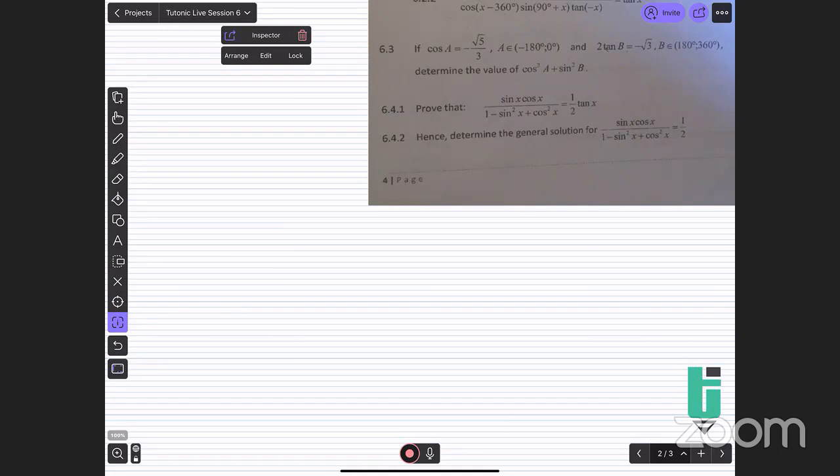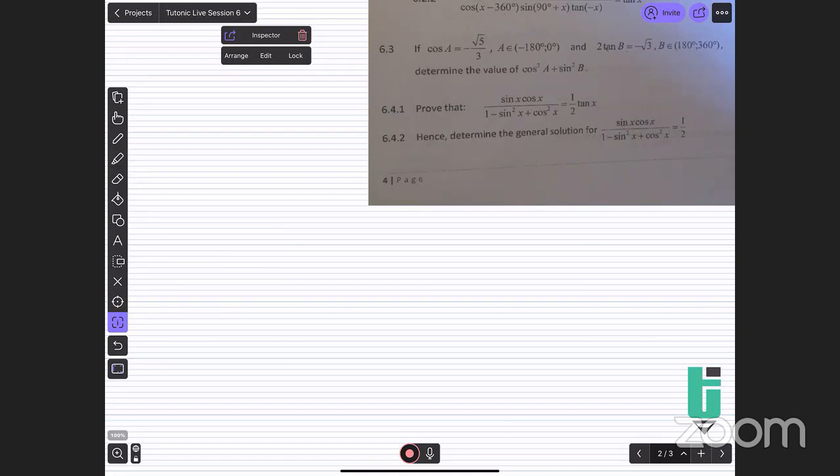What do you guys think? Sin x times cos x, do you think we can change that? Can we do that into half of 2 sin x cos x? And then we can change that using the identity.